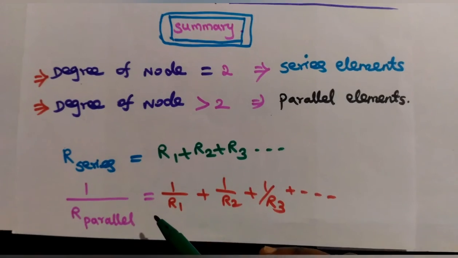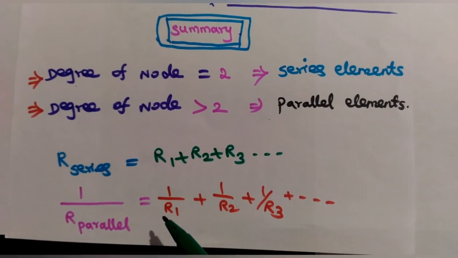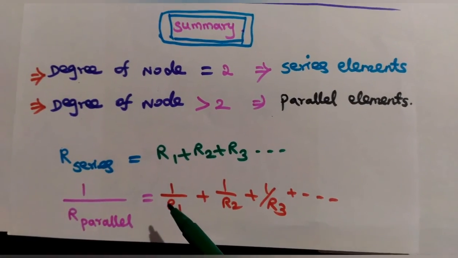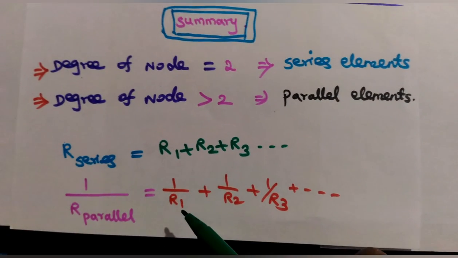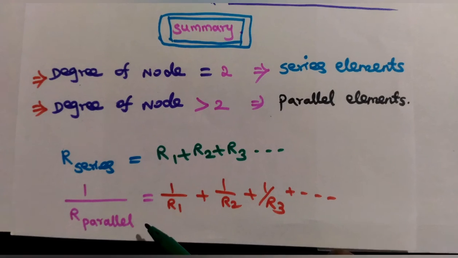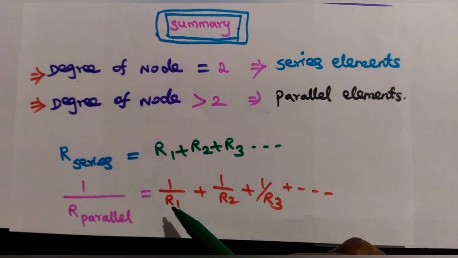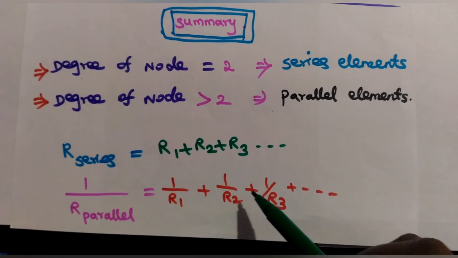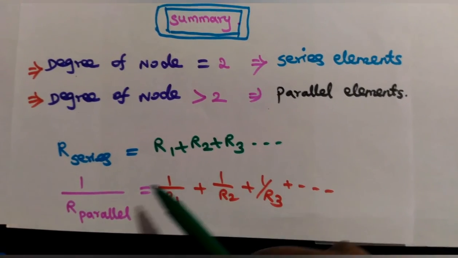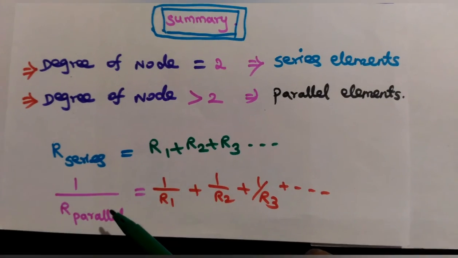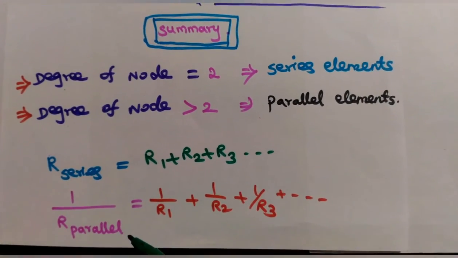If the elements are connected in parallel and we have two resistances, just apply the simple formula R1 into R2 divided by R1 plus R2. Suppose 3 elements are connected in parallel, then 1 by R equivalent is equal to 1 by R1 plus 1 by R2 plus 1 by R3. After simplifying these values, just take the inverse of that value, and finally we get the parallel combination of resistances, that is, the equivalent resistance.